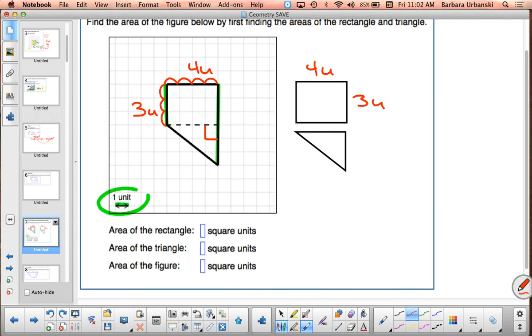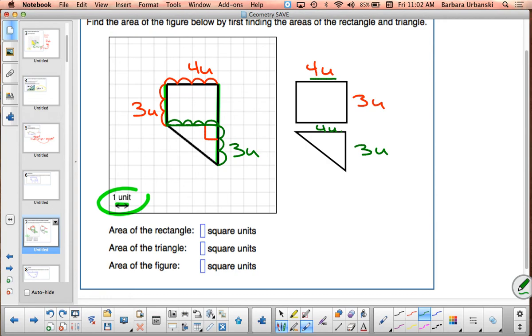So the measures we need would be 1, 2, 3. We've got 3 units here, so we would have our 3 units. And then our altitude is going to be right here because that's where the two meet at a right angle. And this is, of course, 1, 2, 3, 4, just like we had at the top. And so we have our 4 units.